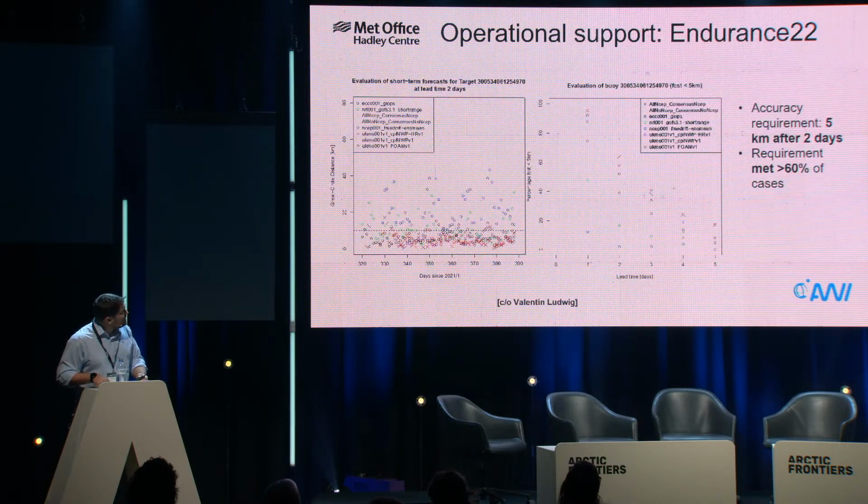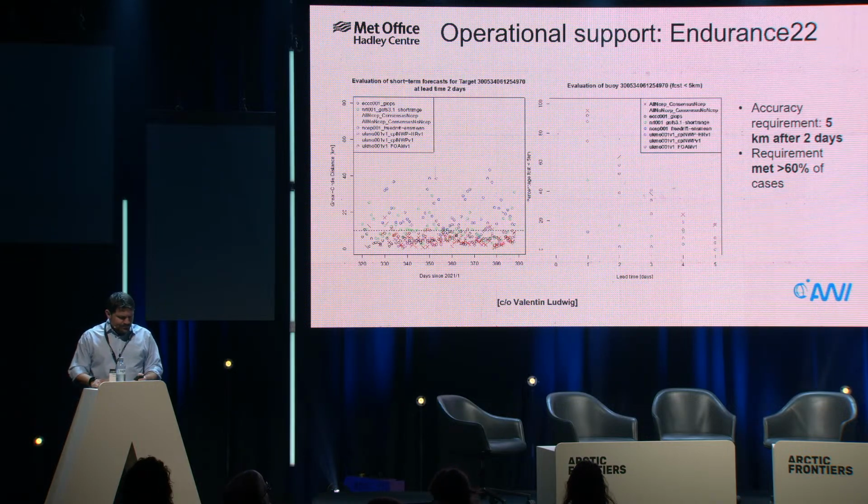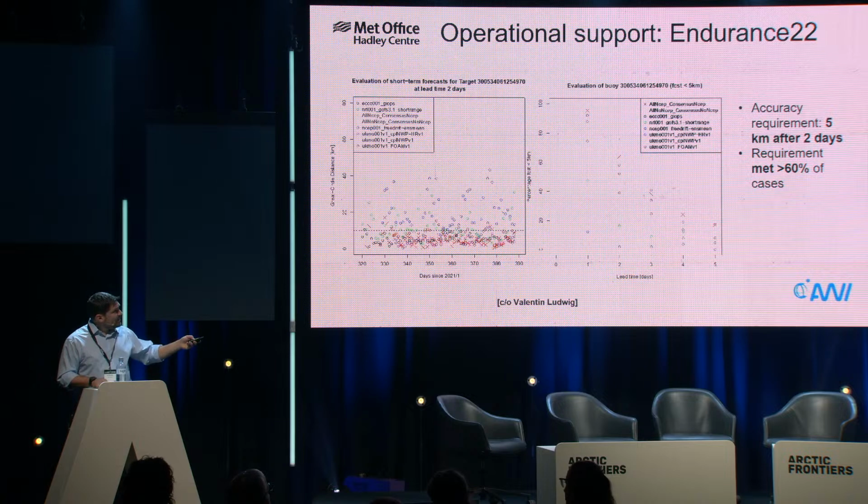Yes, this hasn't come out fantastically, but the point is we've got loads of forecasts, and their requirement on the right here was an accuracy of 5 kilometers error after 2 days. And we met that actually in more than 60% of cases. This is the two-day lag here, and you can see just over 60% there. But actually we're nearer to 100% on 1 day, which is nice.